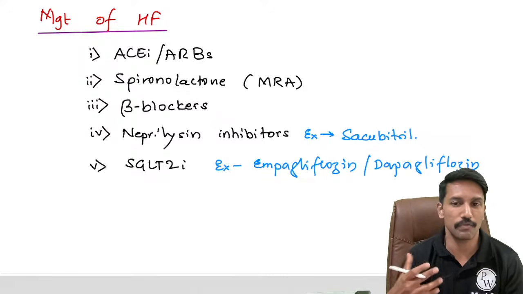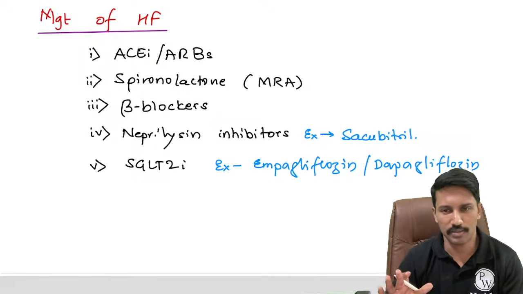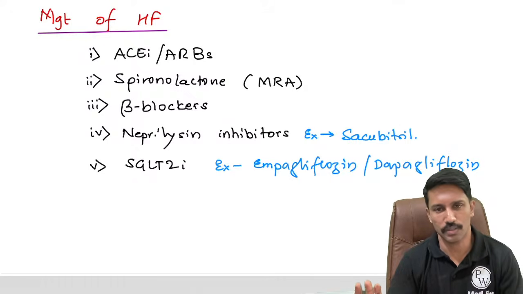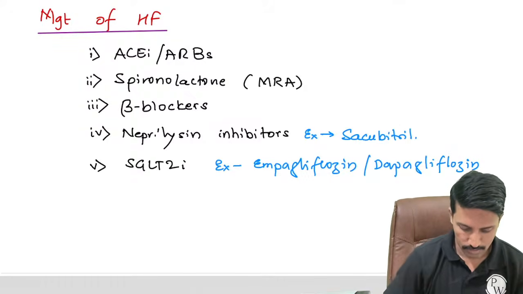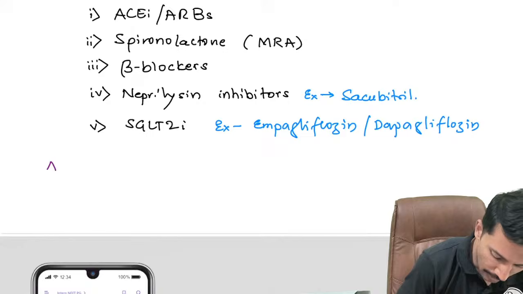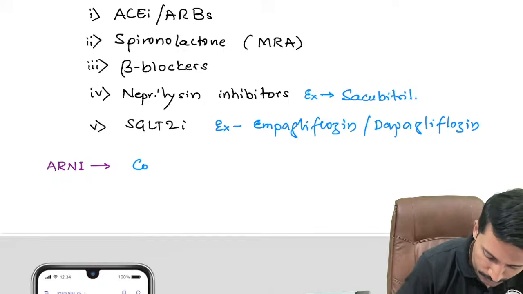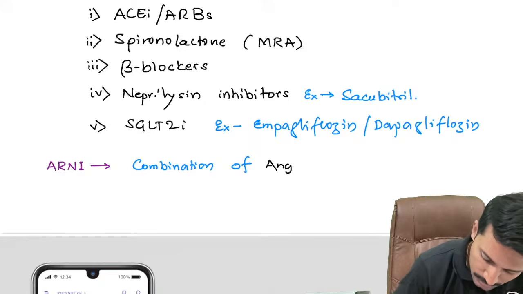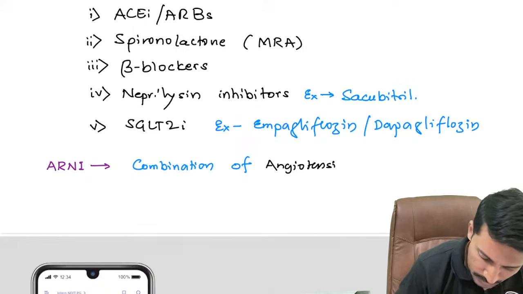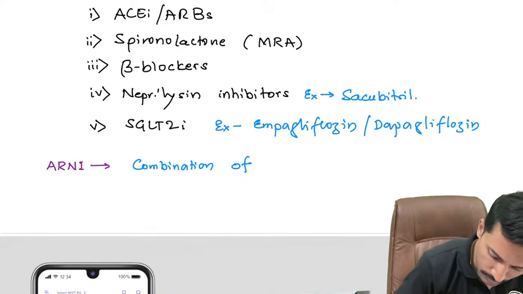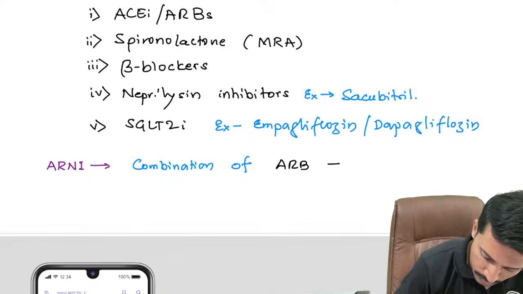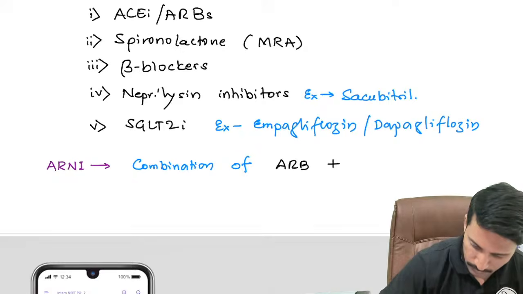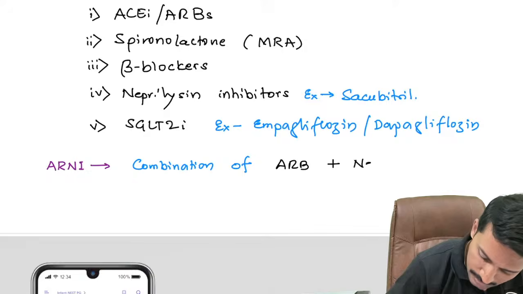until and unless they want to give full 5 marks for the management itself, which is unlikely in most university scenario. Okay. Now, you have to also mention something called as ARNI. So what is ARNI? ARNI refers to combination of angiotensin receptor blocker or ARB plus neprilysin inhibitor.